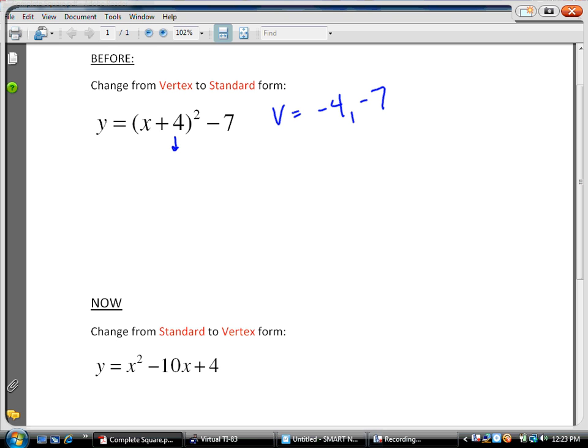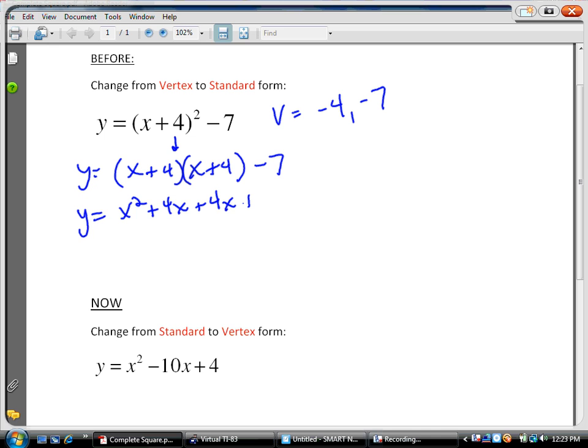So in the past, what you were asked to do was take this quadratic in vertex form and change it into standard form. When we FOIL this, we end up with x squared plus 4x plus 4x plus 16 minus 7.